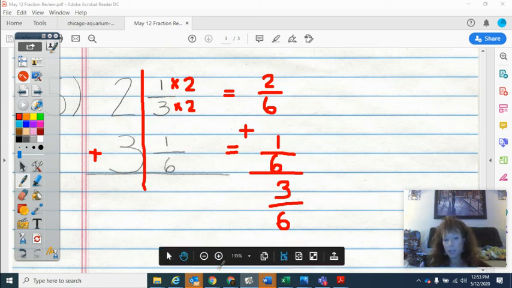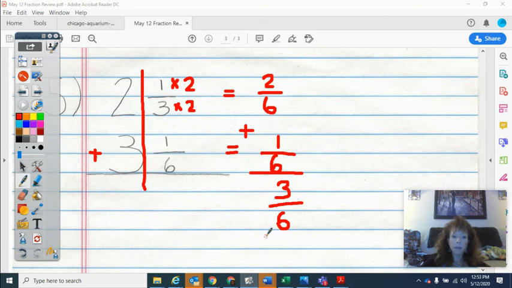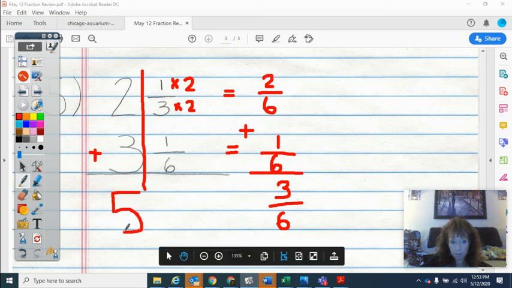But remember with fractions, I always want to ask myself before, and you could go ahead and add the whole numbers here if you want, or you can simplify this fraction. Either way, you're going to get to the same place, same answer. So let's just suppose I want to go ahead and add my whole numbers. I've got the whole number 2 plus the whole number 3, which is just going to be 5. So I've got 5 and 3/6.